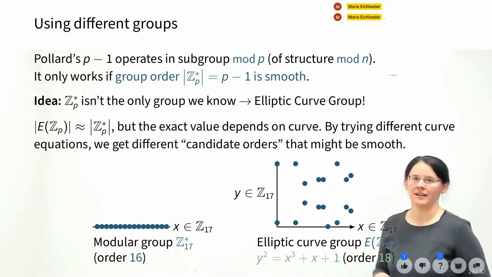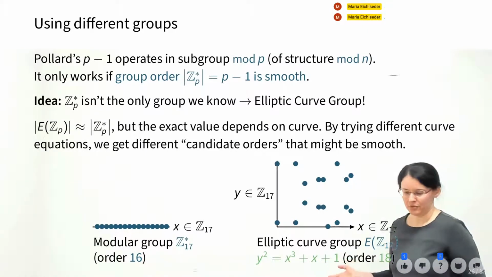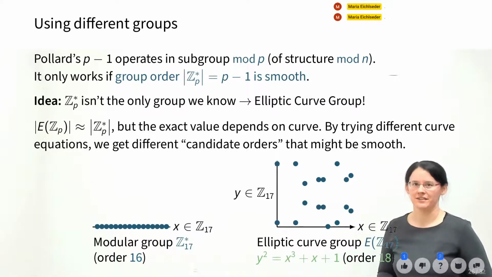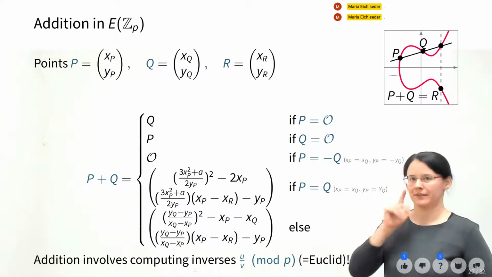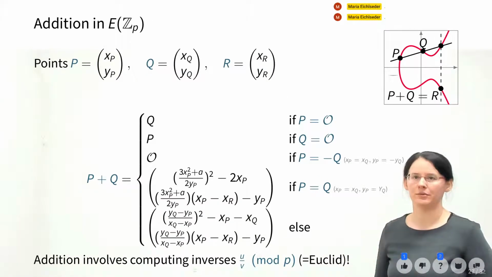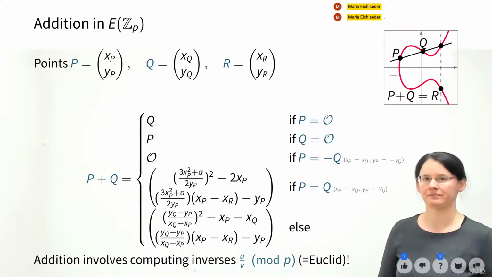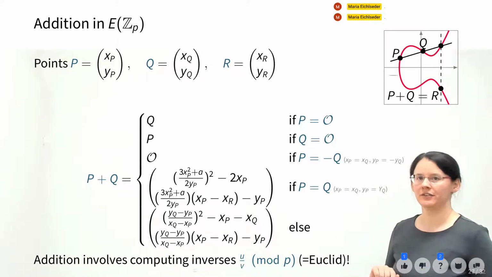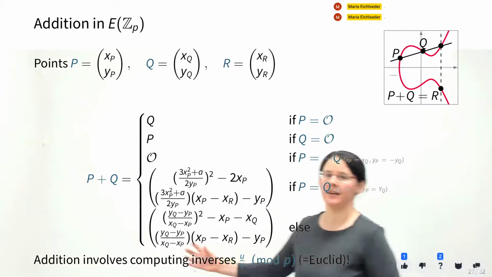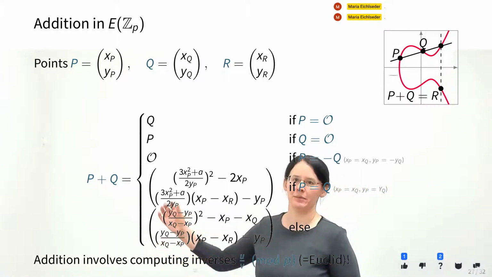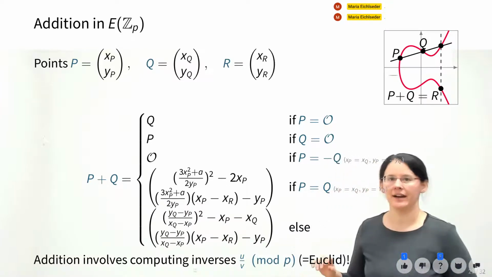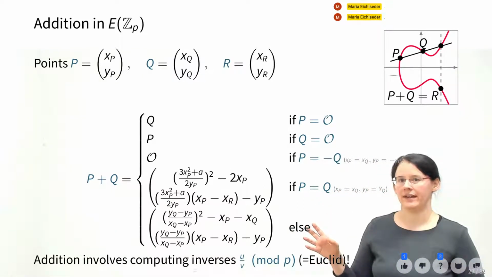And actually, elliptic curves serve them to me more or less on a silver plate, because if I write down how to do computations in elliptic curves, I get some nasty formulas like this one here. There is one interesting ingredient here that we care about, and that is this shape here. This appears whenever I double a point or add 2 points, where none of the two is the neutral point.